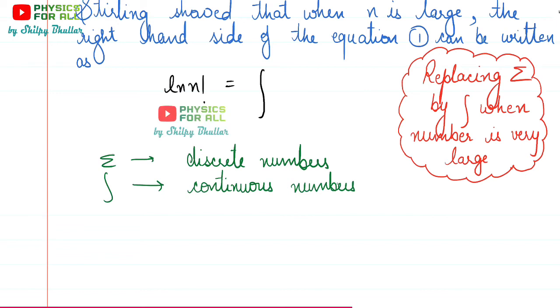But when the quantity is really large, it's really difficult to count all those numbers. Suppose you have a heap of grains, there will be so many grains, and if you start counting each one of them, that is an impossible task. So what do we do there? We consider it to be a continuous quantity and we try to take the integral.